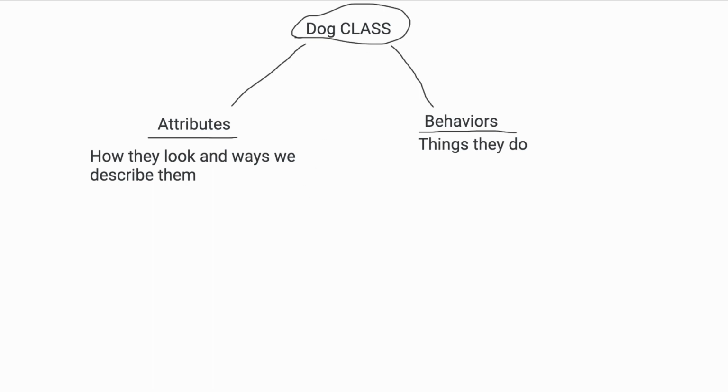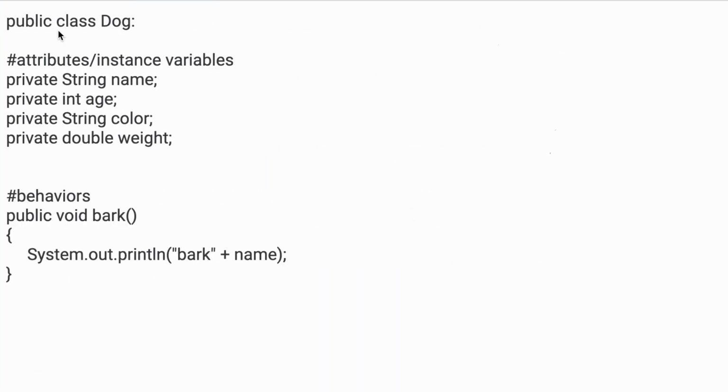So we're going to look at a class structure in a general idea. So I have a public class in Java, and these are attributes about them. So I know dogs' names, I know their age, I know their color, and I know their weight. Behaviors, on the other hand, look a little different.